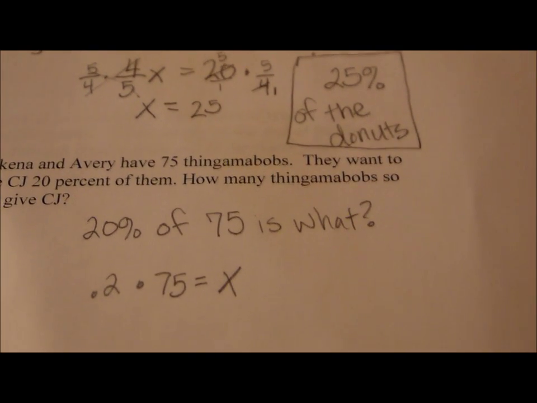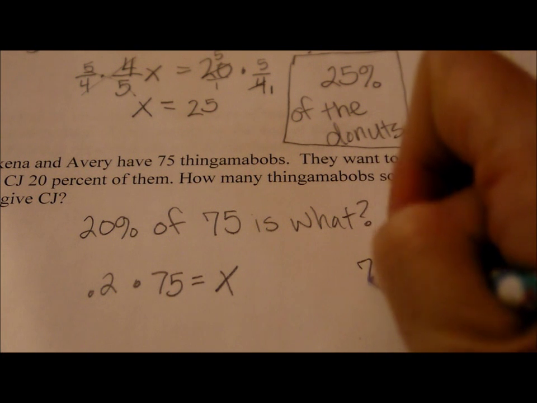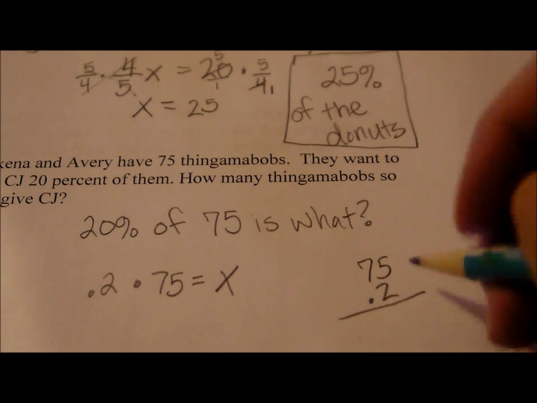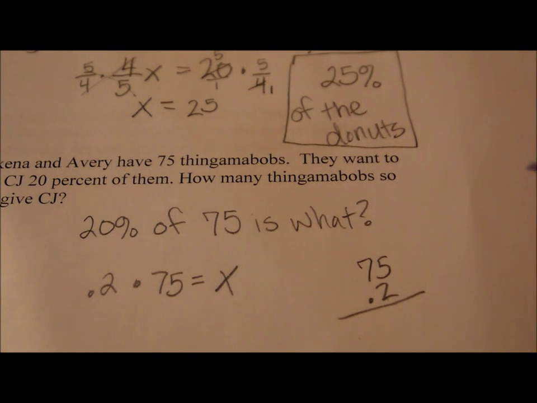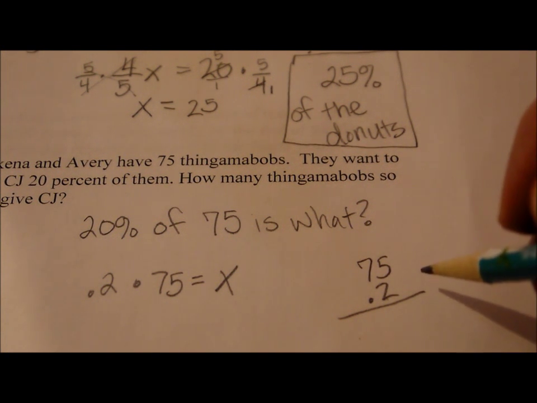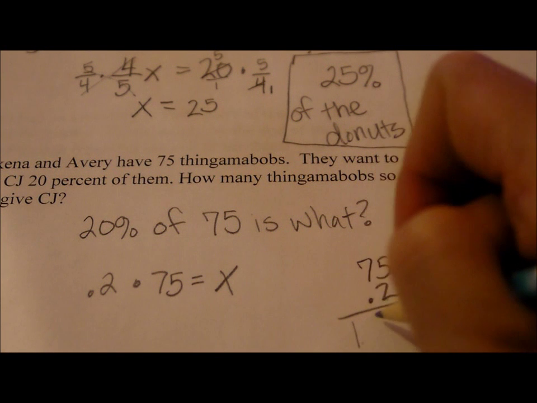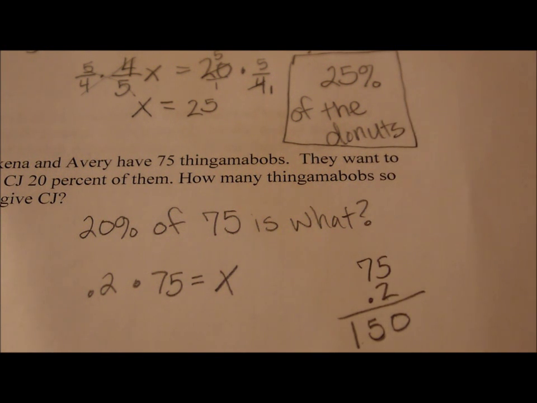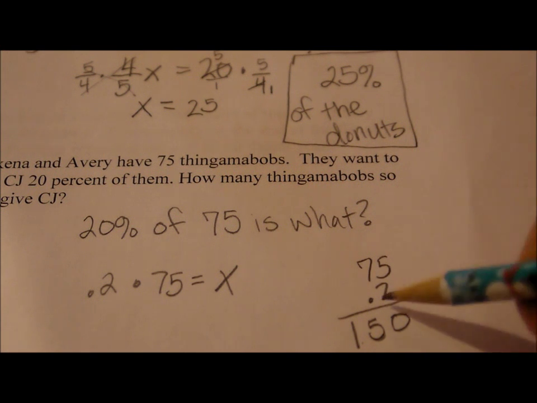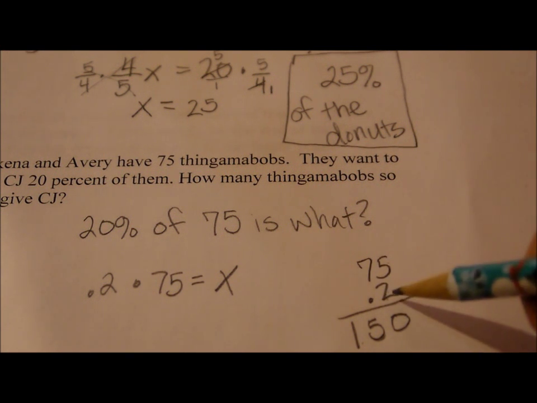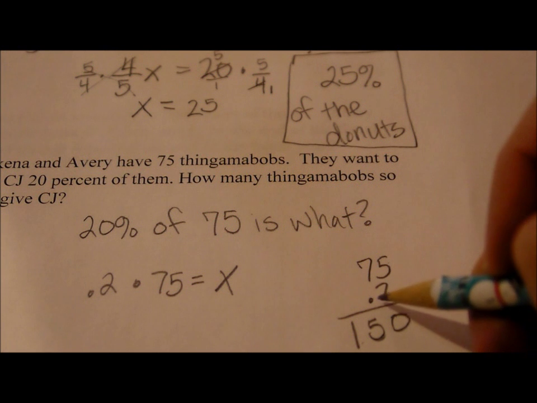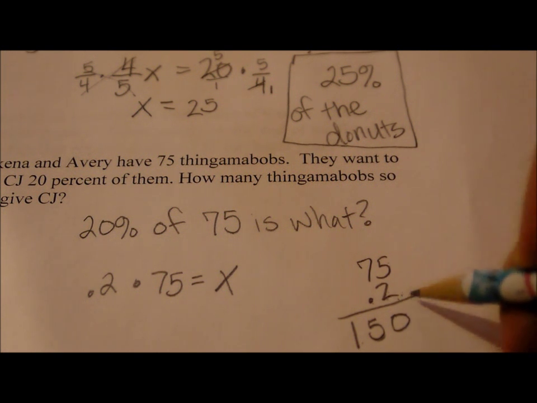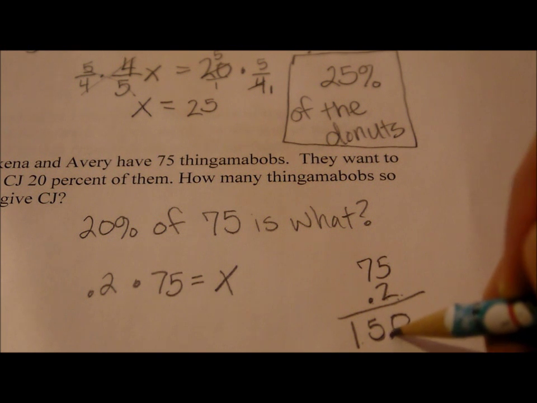I'm going to do it over here to the side. 75 times 0.2. I actually know that 75 times 2 is 150. I always think of money when I think of 75 cents. Tip is $1, and is $1.50. But we have 0.2 times 75, not 2 times 75. So I see I have one decimal behind the decimal point, so I'm going to give 1 down here and put it right there.